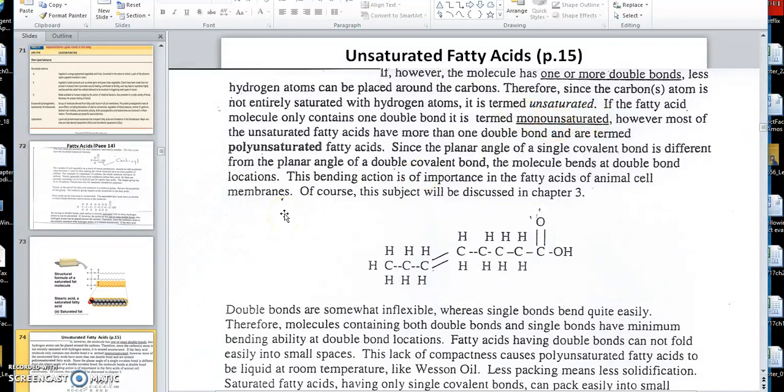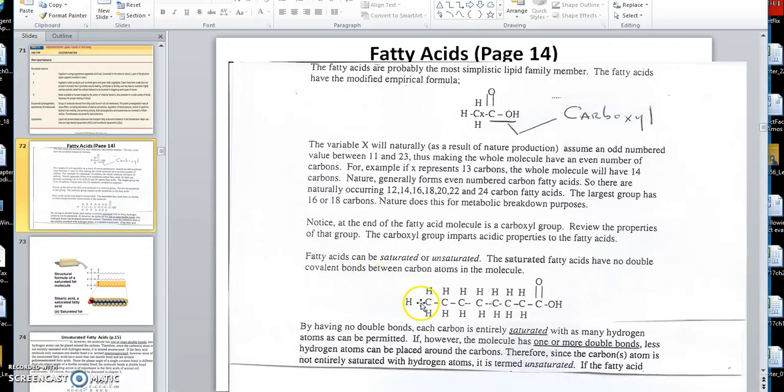Now, when we look at the saturated fatty acids, no double bonds, nature likes to bend these molecules, as it did with the carbohydrates, into a configuration that is thermodynamically favorable. When you don't have any double bonds, it's easier to bend these single bonds. So it would go together like in a clump.